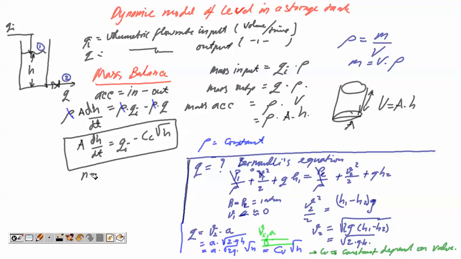This is a non-linear differential equation because the dependent variable h is a power of a half, or not one. So this type of differential equation is a nonlinear differential equation.